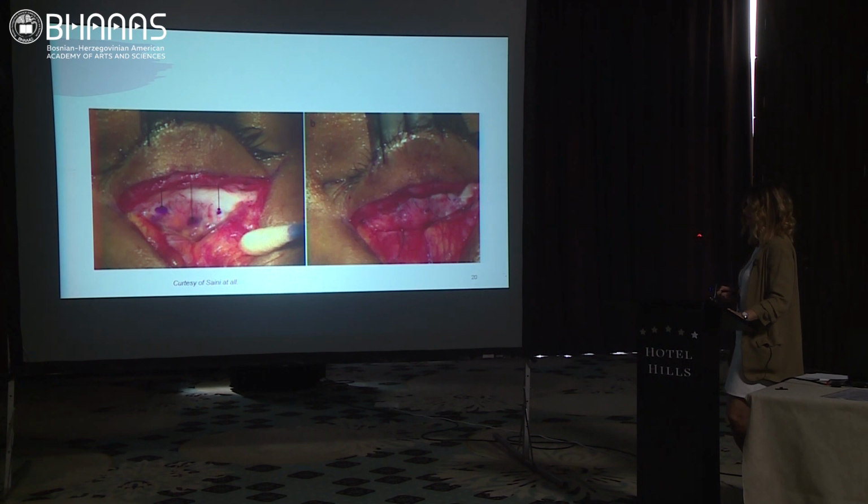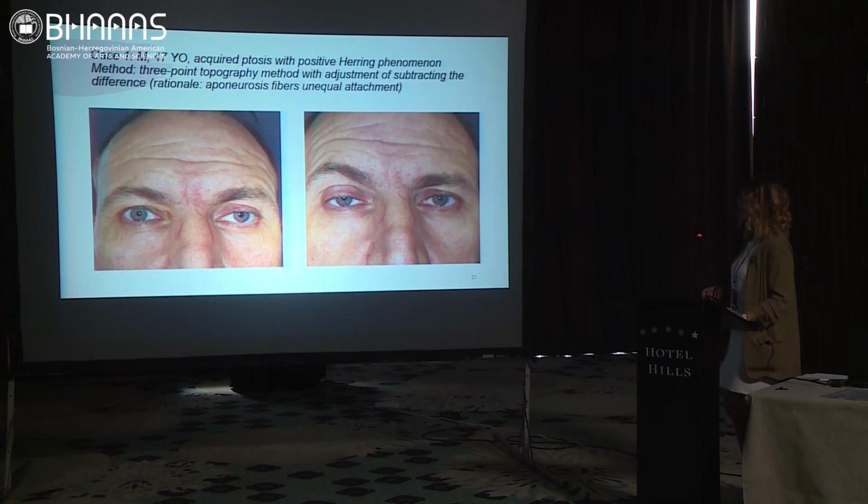I believe that the fibers of the aponeurosis are not equally and symmetrically placed on each tarsus. There are many variations, and if you measure from the tarsus distally, then we might end up with non-reproducible variables. So I made a little bit of my personal adjustment, and these are the results that I gained.